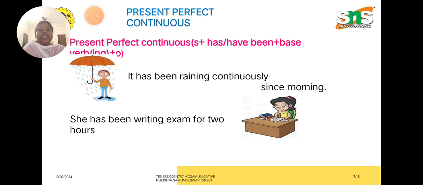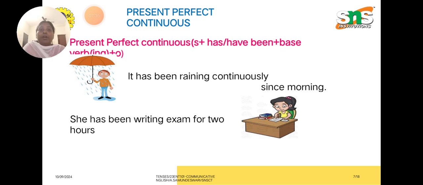For instance, I say, I have been living in this house since 2000. I started living in this house from 2000 onwards, and I will remain in that same house for the rest of my lifetime also. Another sentence in this slide: it has been raining continuously since morning. Without any gap the rain is still pouring. And he has been writing exams for 2 hours.